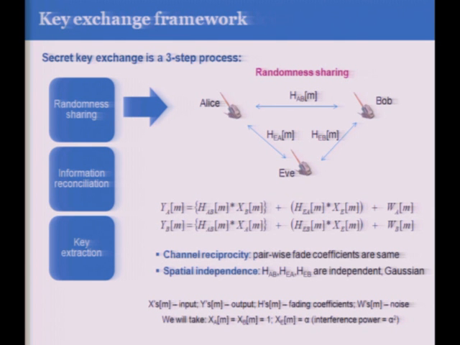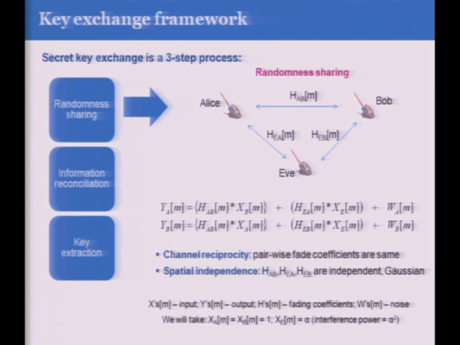Then the symbol YA that Alice receives is the faded symbol from B plus the faded symbol from E plus the noise term. And similarly for node B, the symbol that it receives is the faded symbol from A, from E, and the noise term.